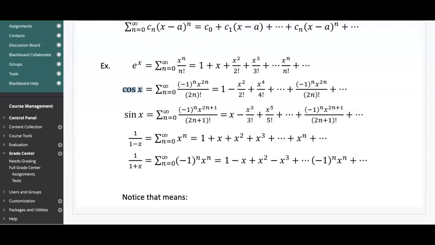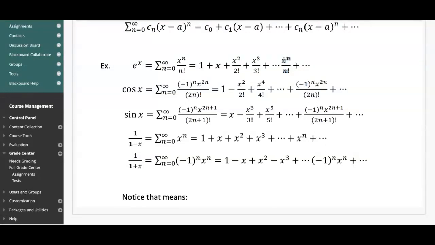I also have the famous cosine x as the infinite series. What is that? That's 1 minus x squared over 2 factorial plus x raised to 4 divided by 4 factorial, and so on and so forth. So the sign alternates: positive, negative, positive, negative. So we have this alternating series.